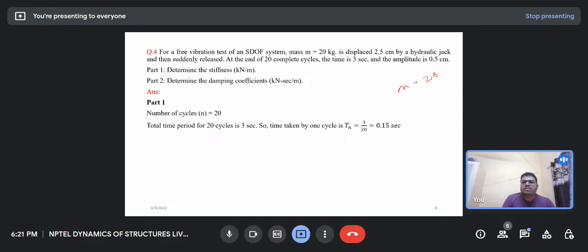Yeah, you can try. I have given you time to calculate the stiffness. 35092 Newton per meter. Okay. Has anyone calculated?